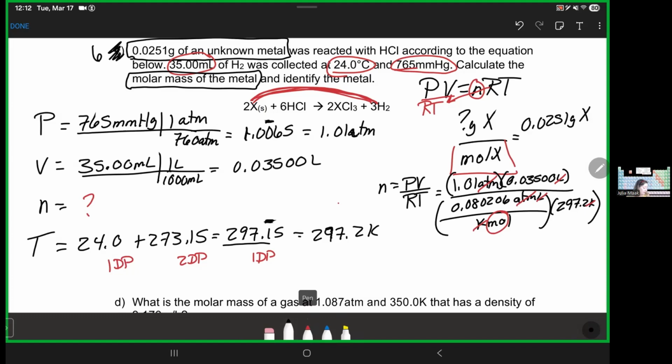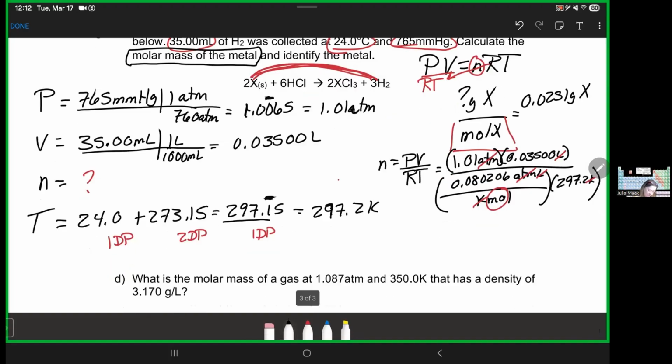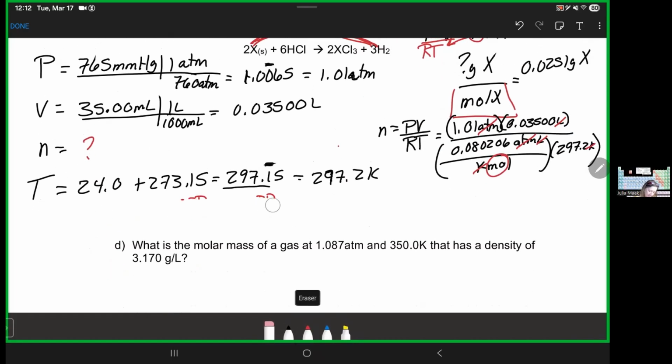That's what we want. So when we do that calculation, I get N equals 0.001444946 moles, but that's moles of my hydrogen gas.